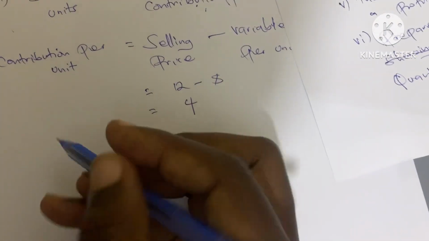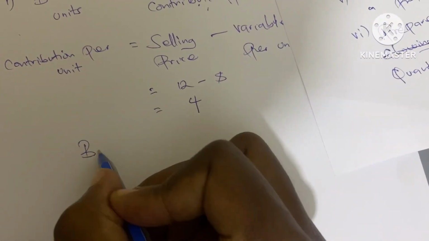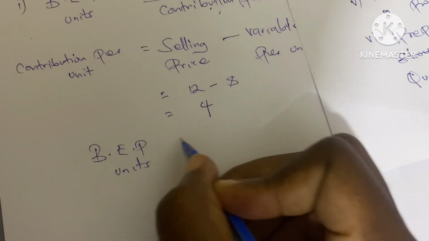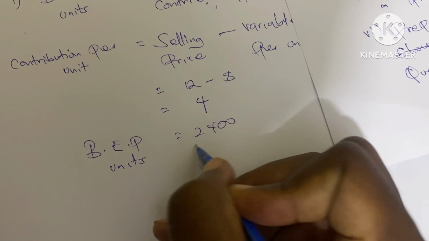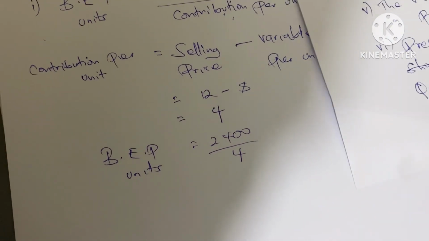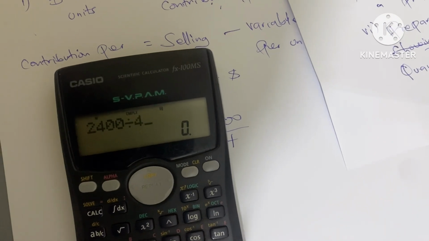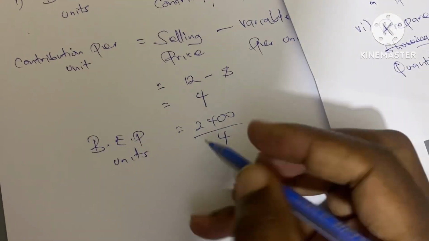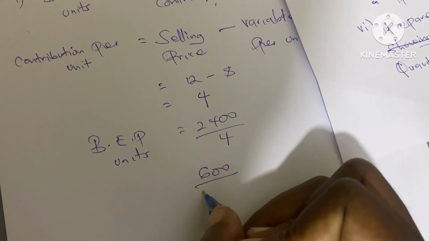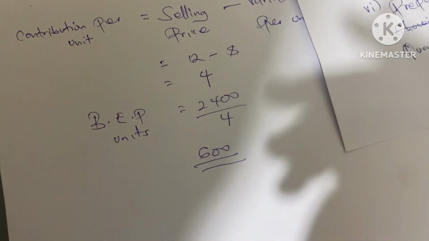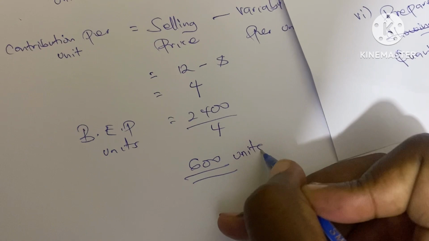So the break-even point in units, it's going to be 2,400 divided by 4. So 2,400 divided by 4 is 600. So those are the units at break-even.